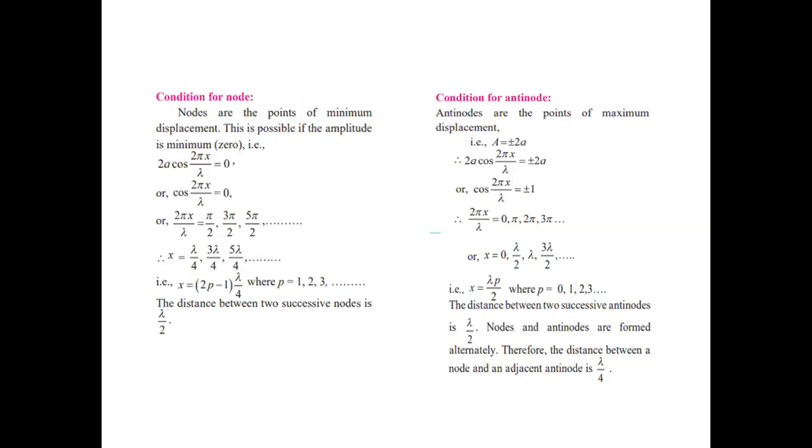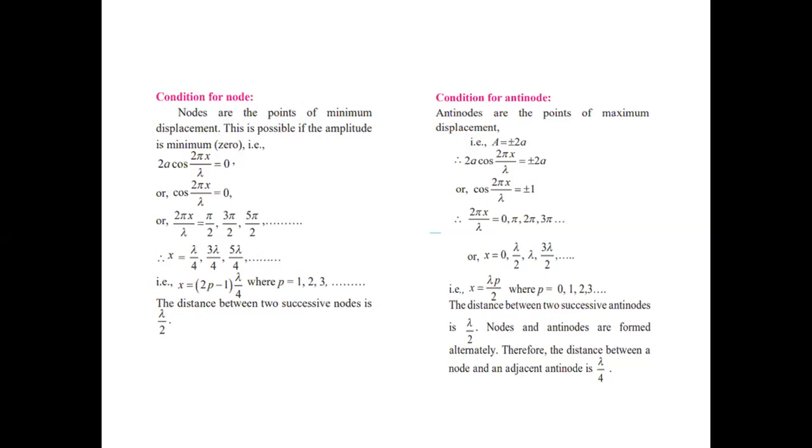Now moving to the condition for antinode points. Antinodes are the points of maximum displacement. That means amplitude capital A should be equal to plus minus twice a. That is, 2a cos of 2 pi x upon lambda is equal to plus minus twice a.